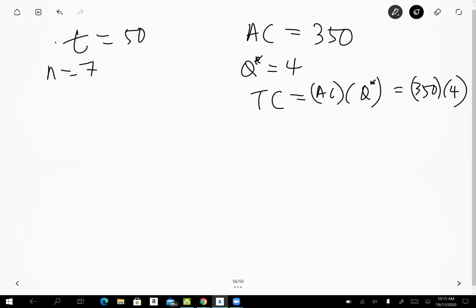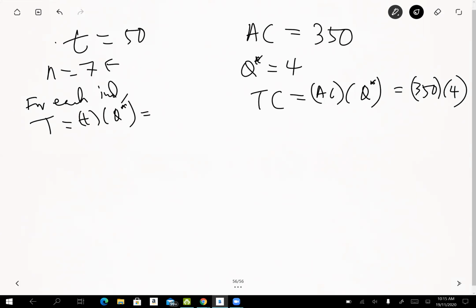So you have n equal to 7. There are 7 people, each of them has to pay 50 ringgit per unit. So there are 4 units. For each individual, how much they pay in tax will be the tax multiplied by the number of the good.